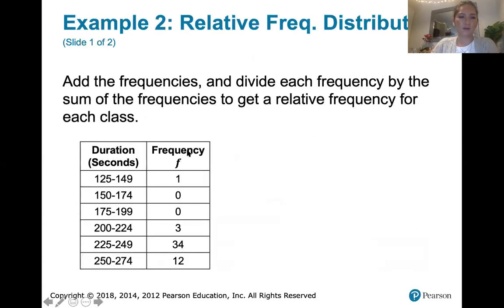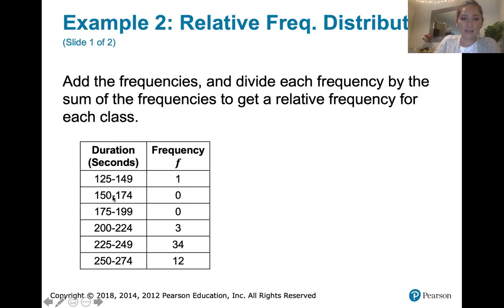So here is our frequency distribution, the original frequency distribution from that last example. Now we want to make it into a relative frequency distribution. So we add up all the frequencies, and remember what these frequencies represent. These are counts. There is one duration time that is between 125 and 149 seconds.